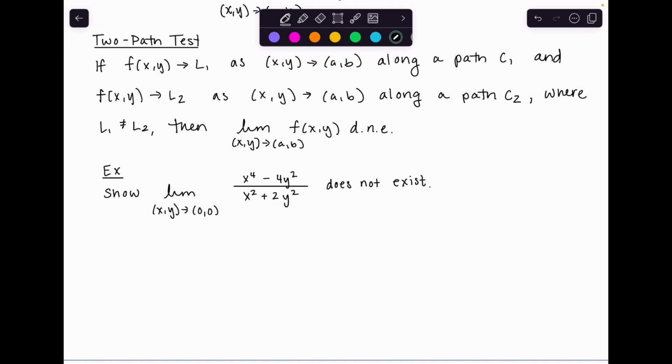Okay. So this one, at least nice, it's telling us the limit does not exist. So that means I need to find two paths that result in different things. So we need to find two paths which give us differing limits.